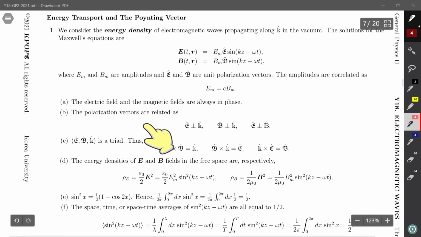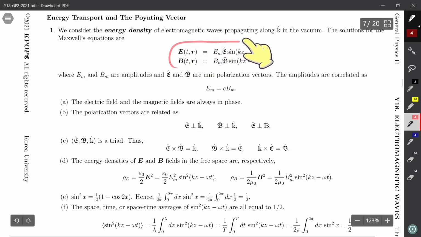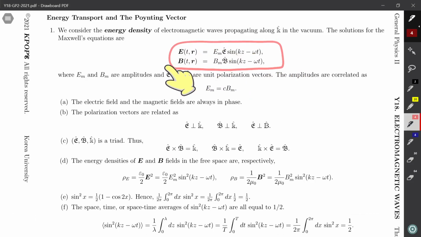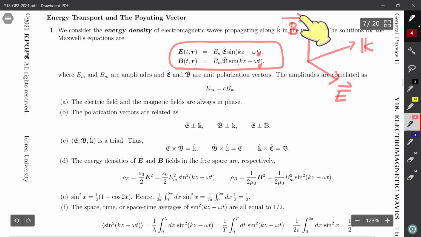Next, we consider energy transport and the Poynting vector. We have found the electric field and magnetic field, they are in phase and they are perpendicular to the direction of propagation, and directions are completely determined as this.